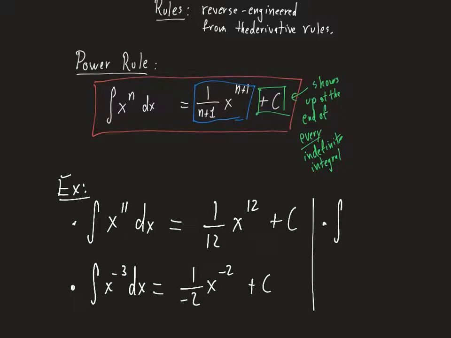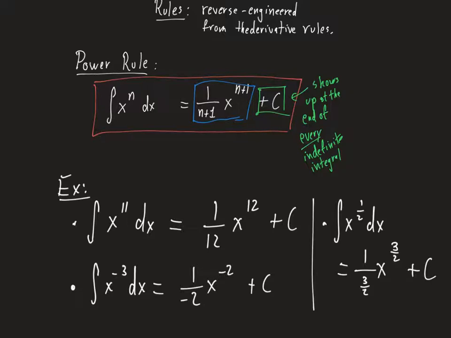We can do the integral of x to the power 1/2. That's the square root of x, remember? This is going to be equal to x to the new power. 1/2 plus 1 is 3/2. And in front we divide by 3/2 plus c.